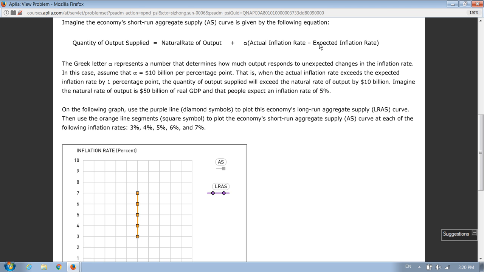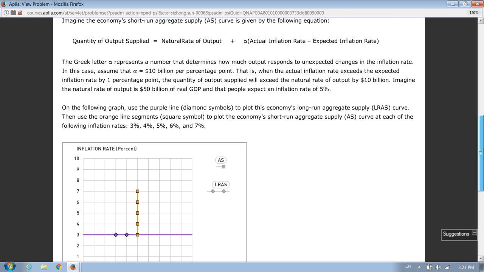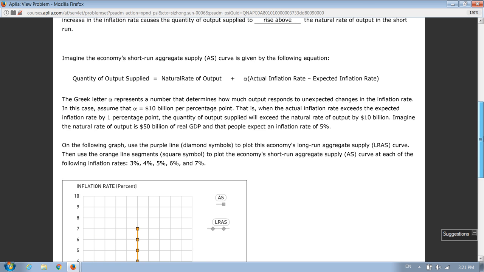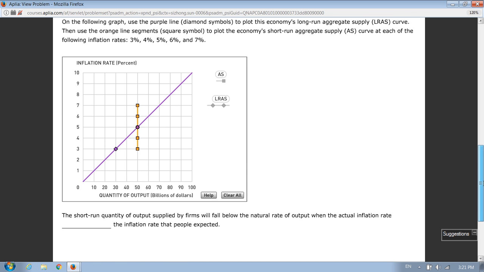So the actual quantity of output supplied would be 50 minus 20, so it's 30. If the actual inflation rate is 5%, then aggregate supply will be 50. So that's the short-run aggregate supply curve.